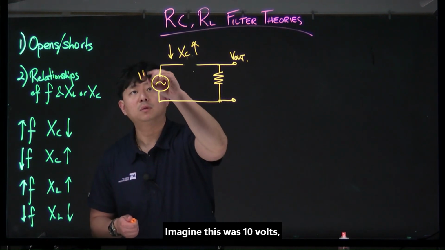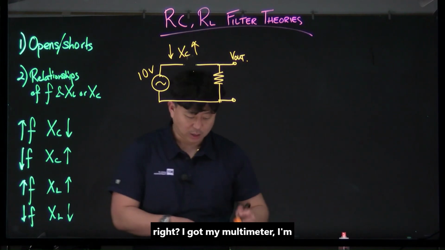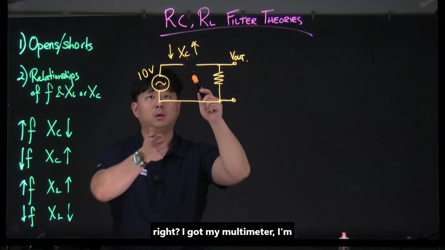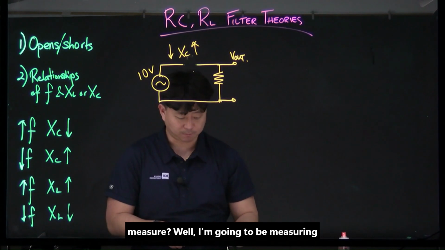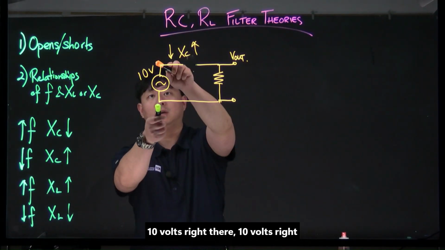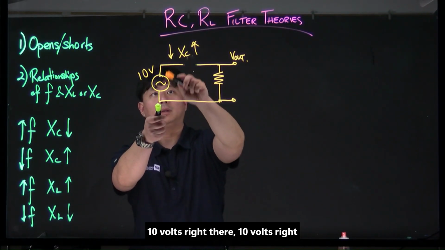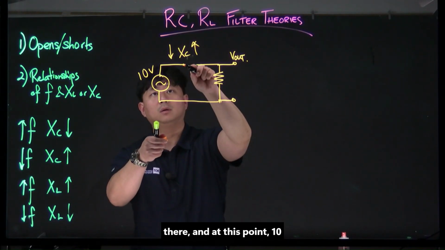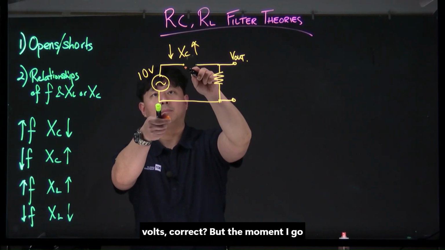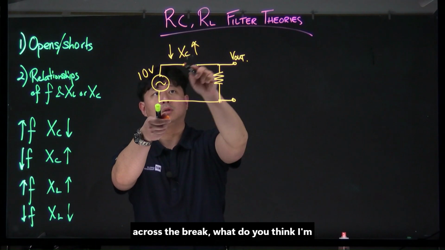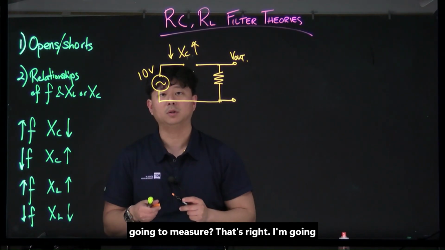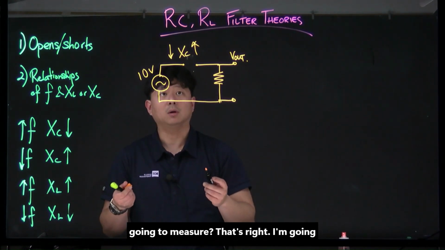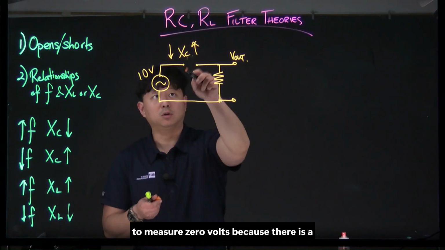Imagine this was 10 volts. I've got my multimeter and I'm measuring. I'm going to measure 10 volts right there, 10 volts right there, and at this point, 10 volts, correct? But the moment I go across the break, what do you think I'm going to measure? That's right, I'm going to measure 0 volts because there is a break.